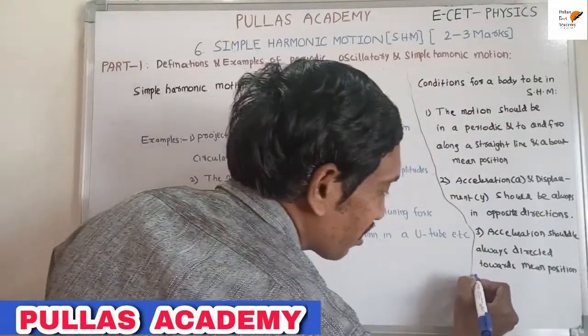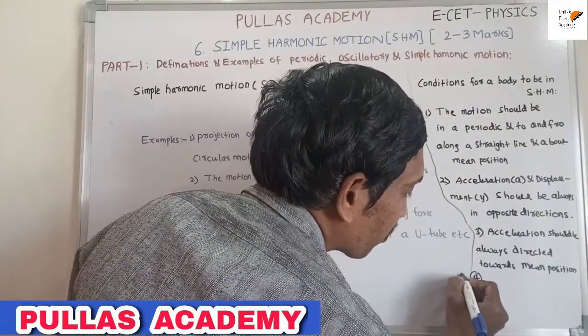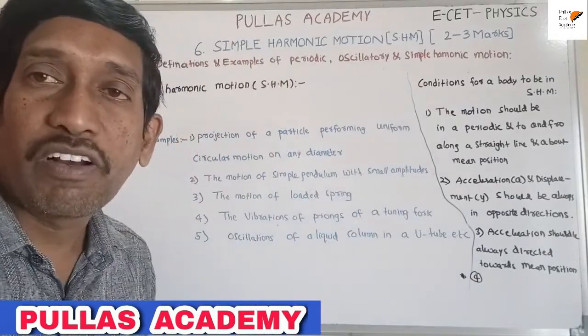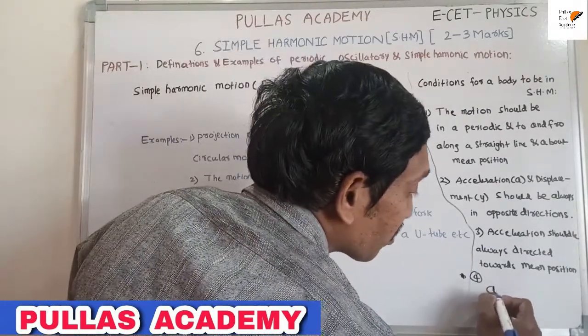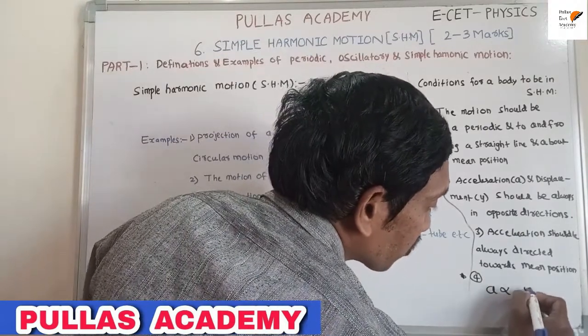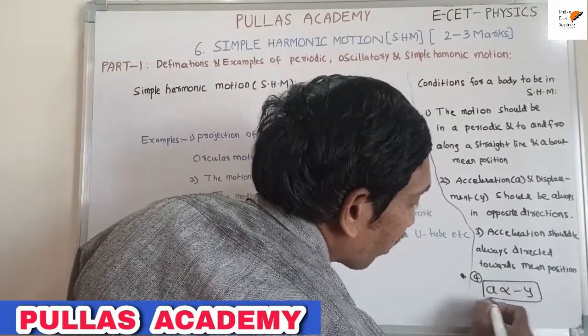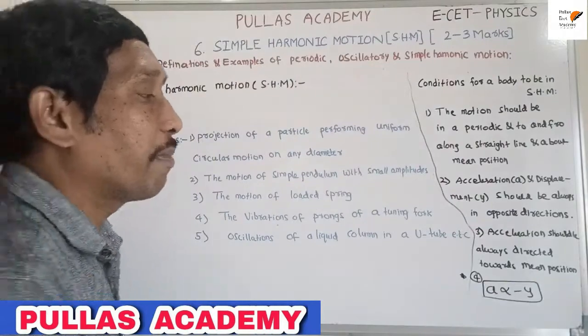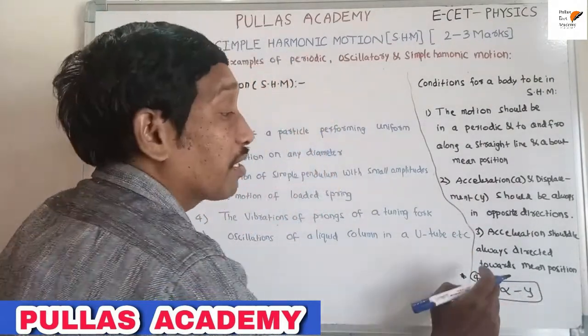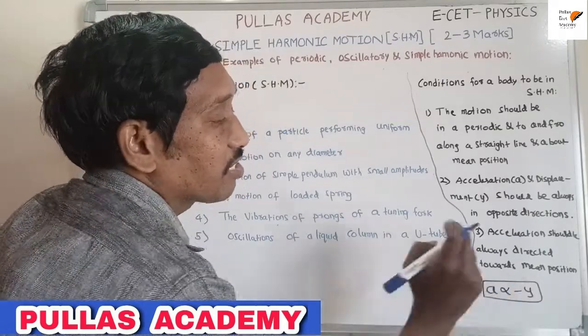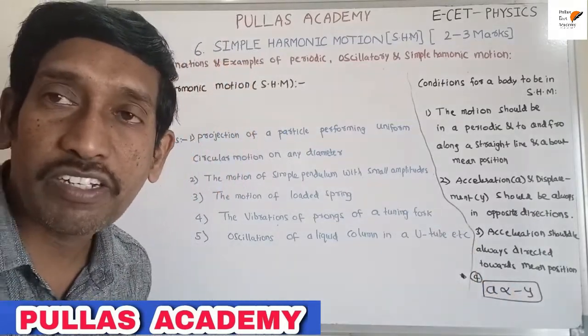Next, the fourth condition is a very important condition. For a simple harmonic oscillator, at any instant of position, its acceleration is always directly proportional to displacement and opposite in direction. That means the magnitude of acceleration is directly proportional to the displacement, but the directions of acceleration and displacement are opposite.